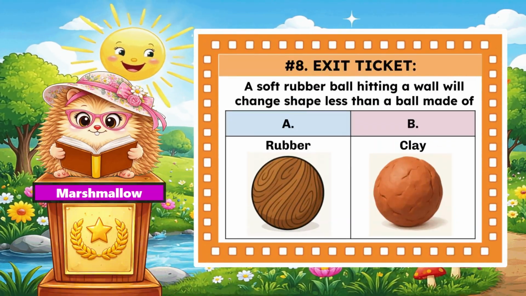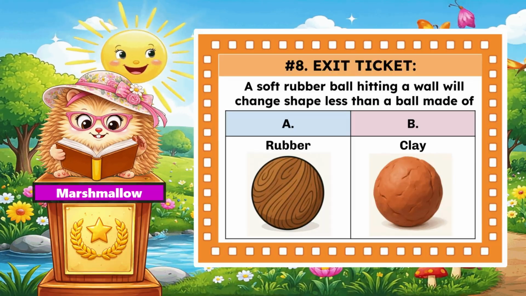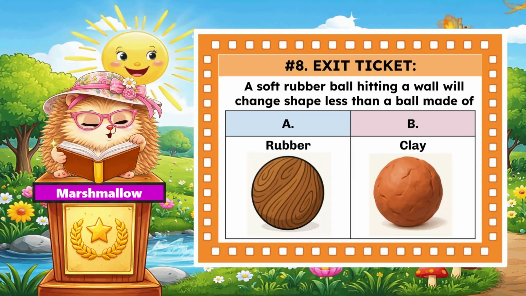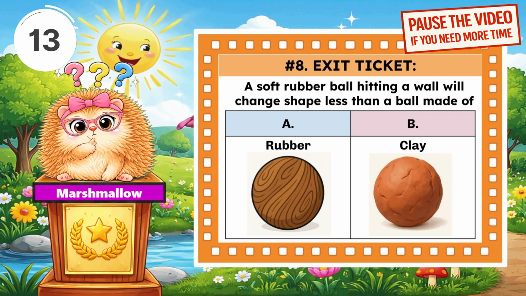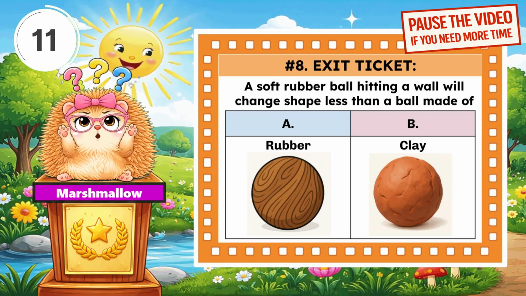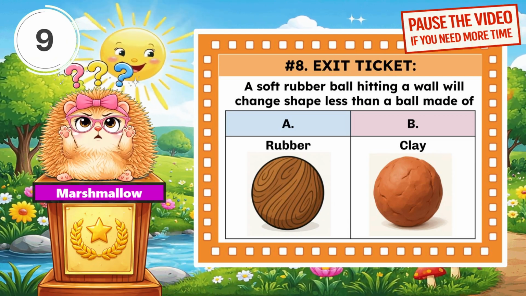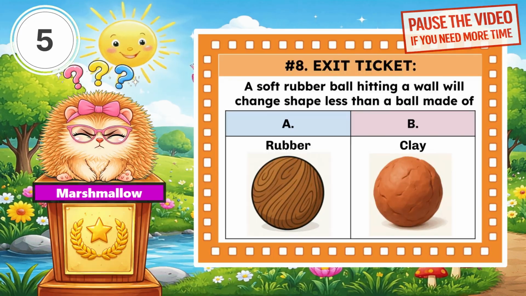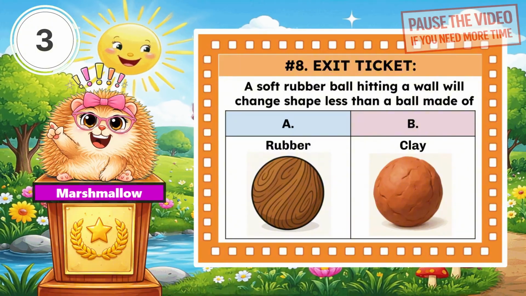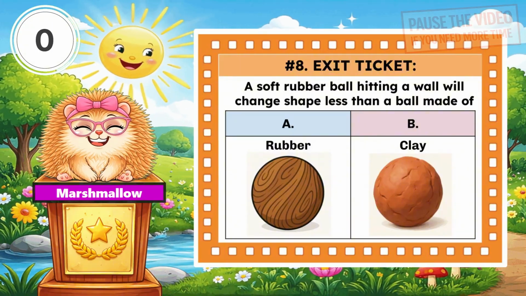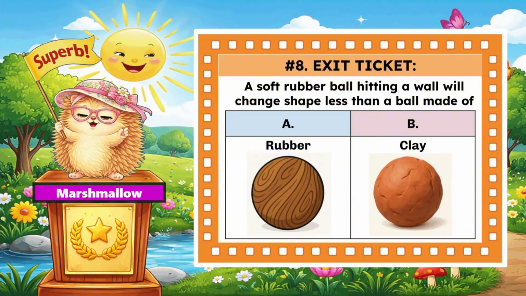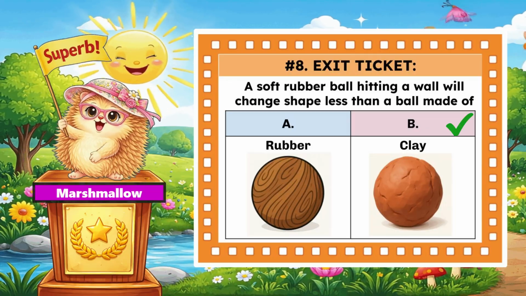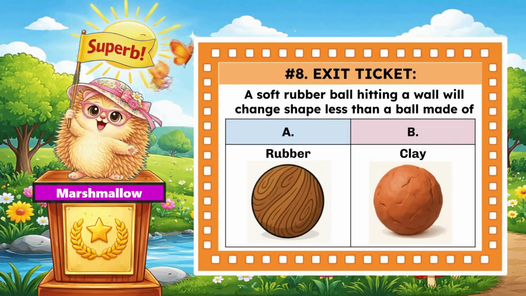A soft rubber ball hitting a wall will change shape less than a ball made of blank. And the correct answer is letter B, clay.